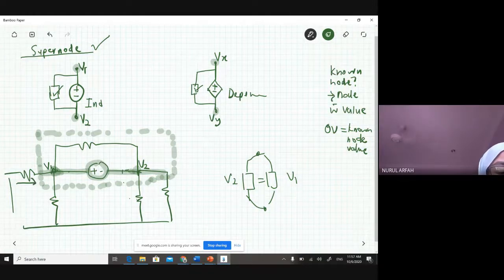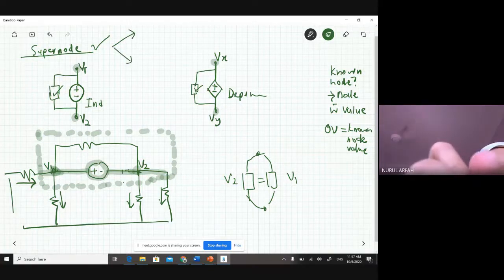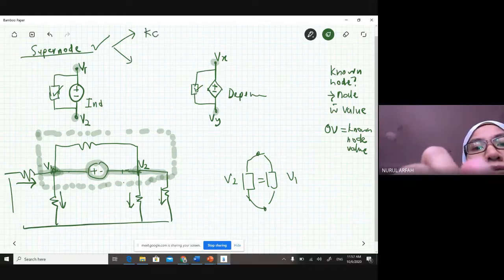Because our main purpose is to figure out this thing. When you have a supernode, you have two things to consider. You need to build up two equations. One is an equation for KCL and another is for KVL.